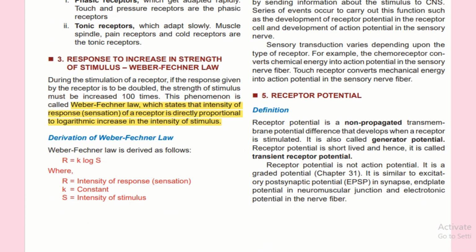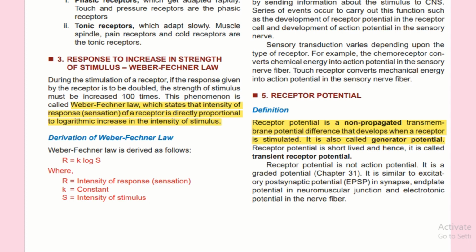Then we have receptor potential. The definition of receptor potential is a non-propagated transmembrane potential difference that develops when a receptor is stimulated. It is also called your generator potential. Receptor potential is short-lived and hence it is called transient receptor potential.